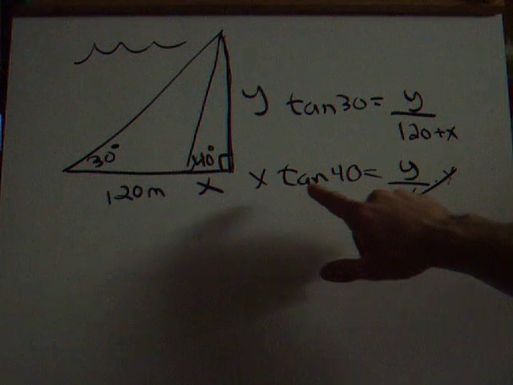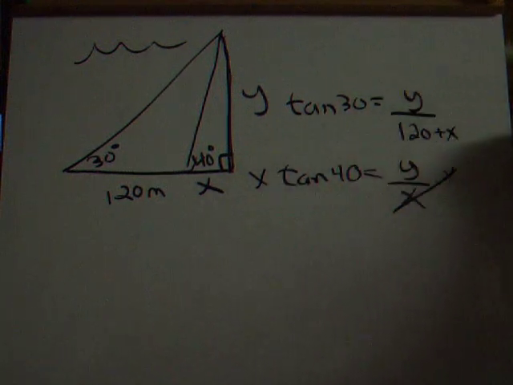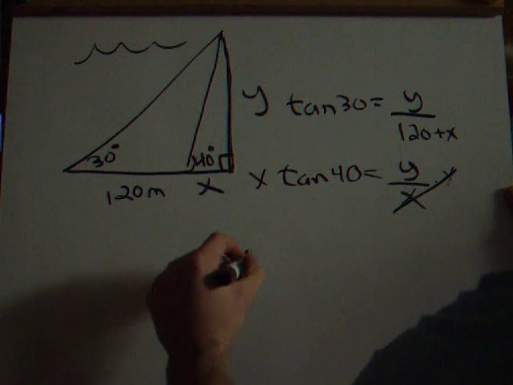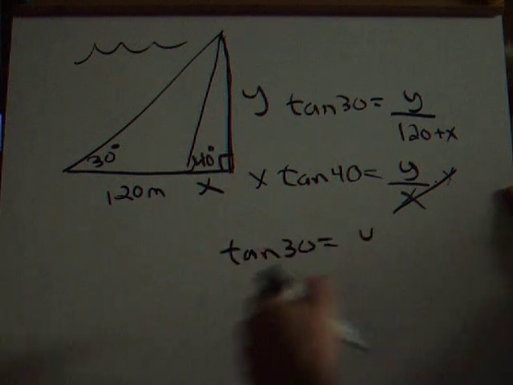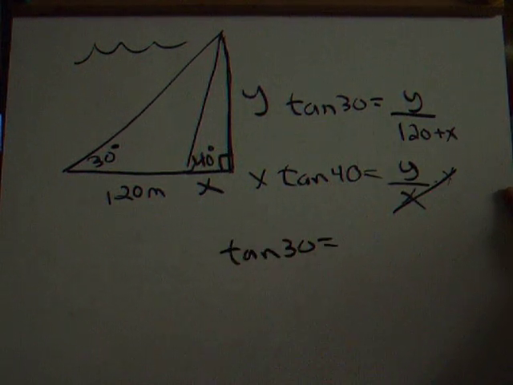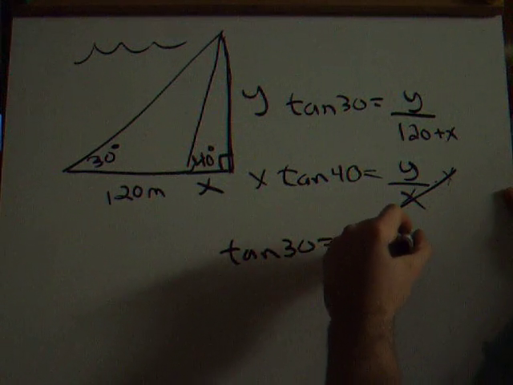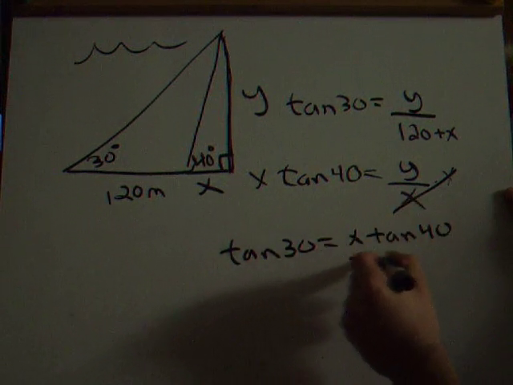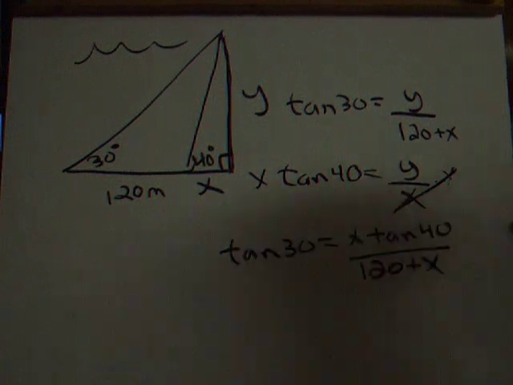Now, anytime you do substitution, you're going to take that piece and plug it in for what y is in the other equation. So you got tangent of 30 equals y, almost left it be y, which is really the x tangent 40 over 120 plus x.